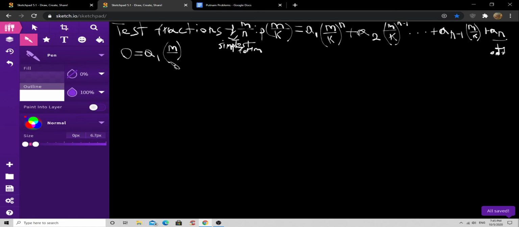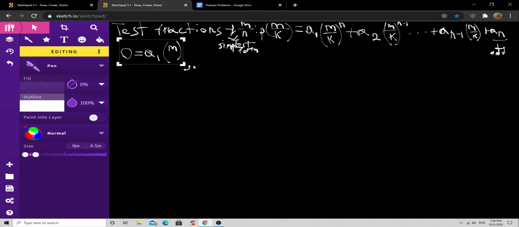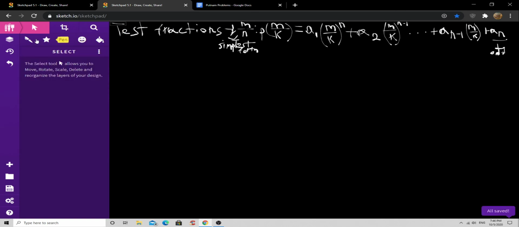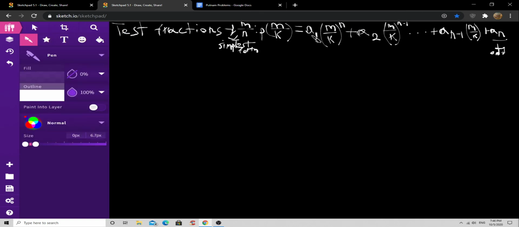So m over k. I'm not going to rewrite all of this. Okay, simplest form. So notice that this equals 0.